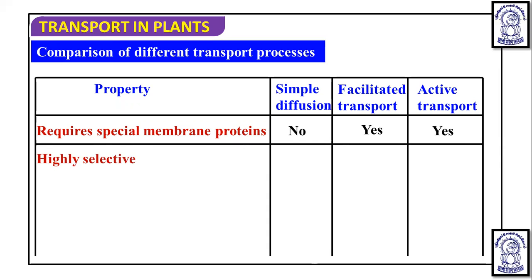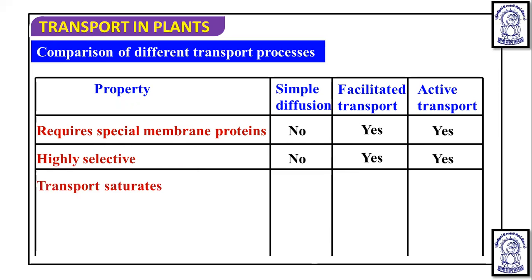Now, when proteins are involved, they are highly selective. They allow only a particular type of molecule to enter. Since proteins are not involved in simple diffusion, there is no selection there, but facilitated diffusion and active transport involve proteins, so they are highly selective.